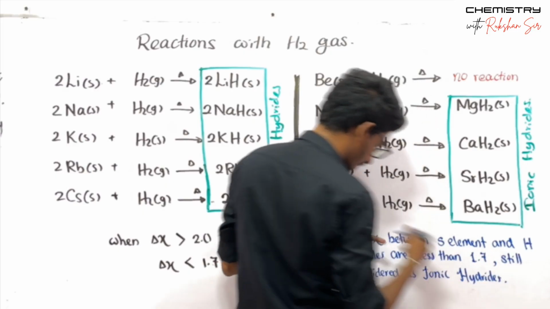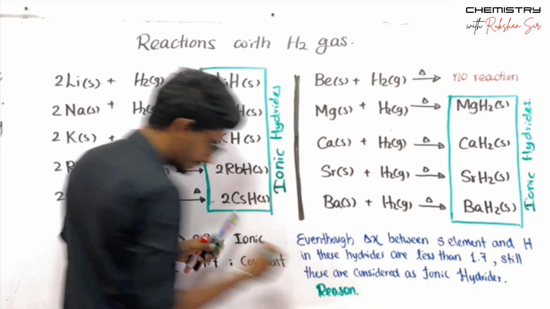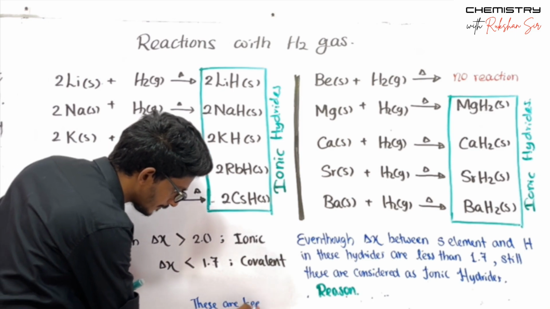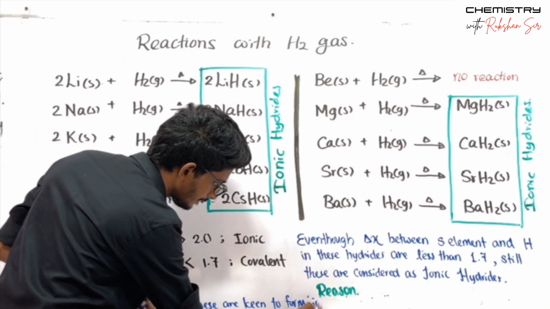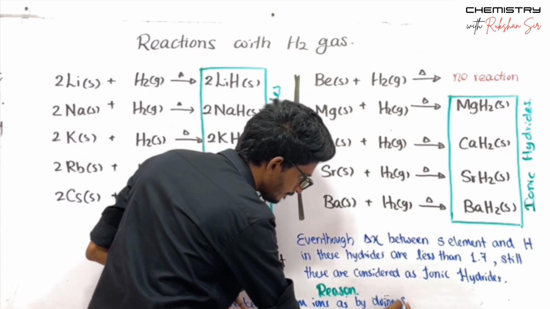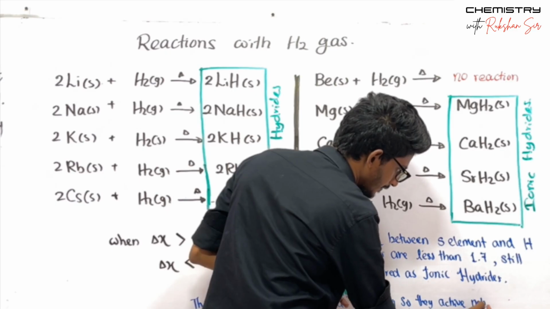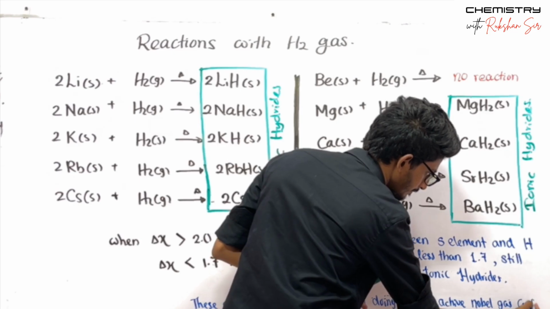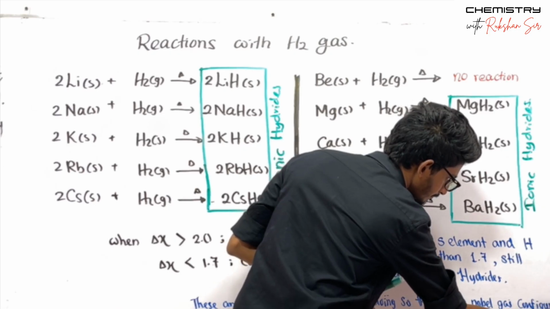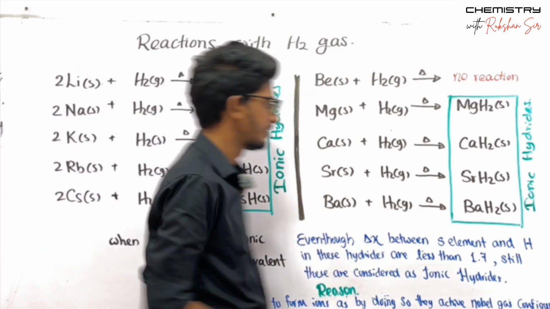Reason: these are keen to form ions, as by doing so they achieve noble gas configuration. Okay, so just copy this.